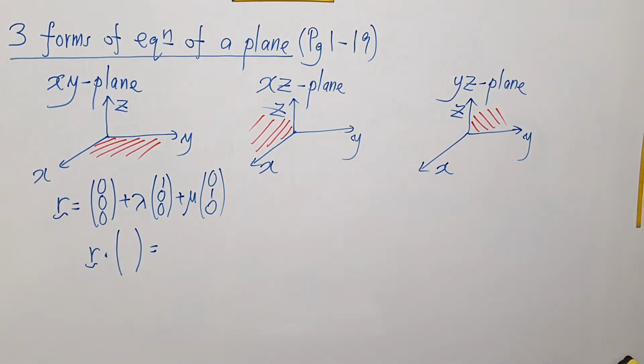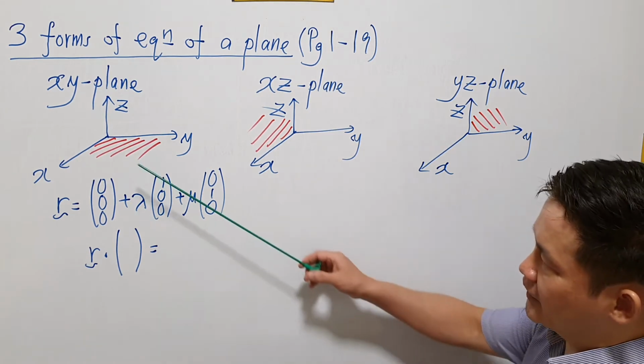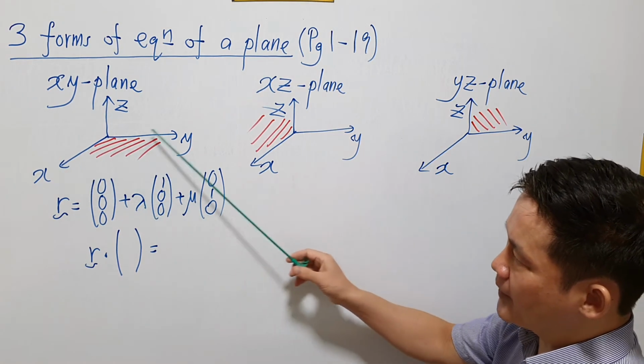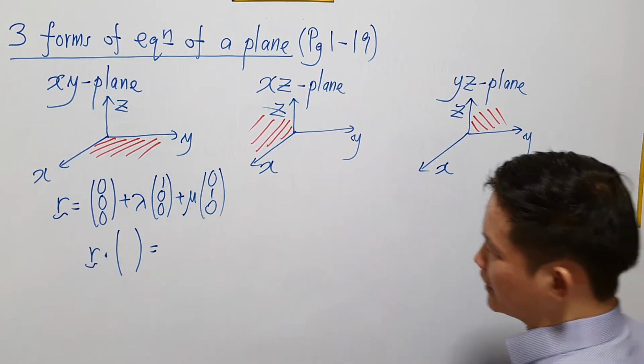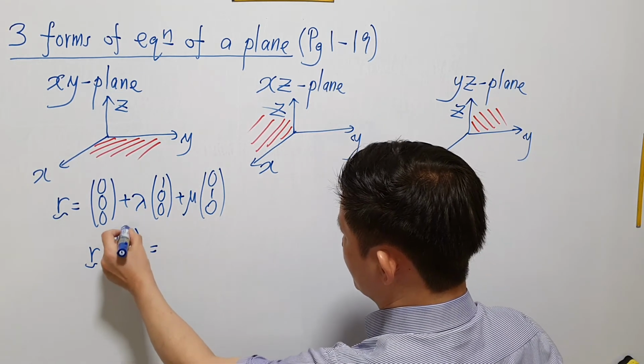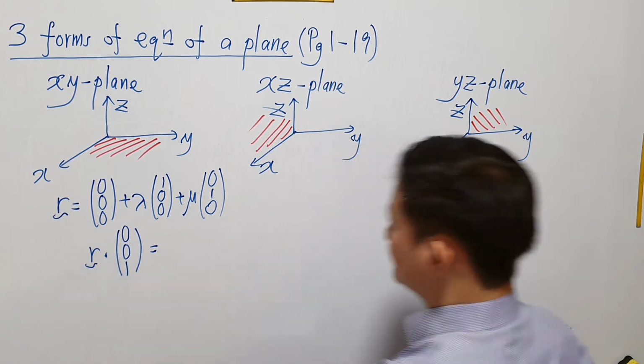Look at the diagram. What do you think? You will see that a good choice would be a vector that's along the z-axis, and this would have been 0, 0, 1.